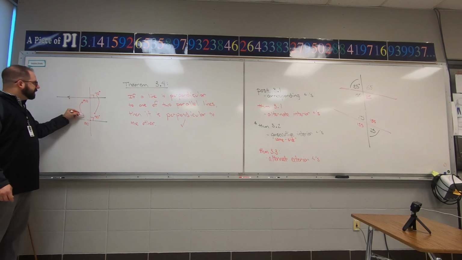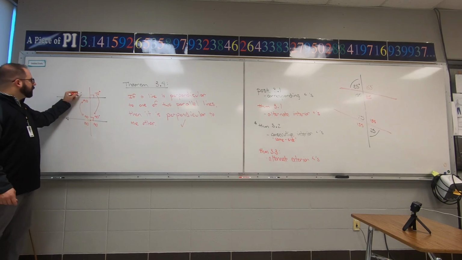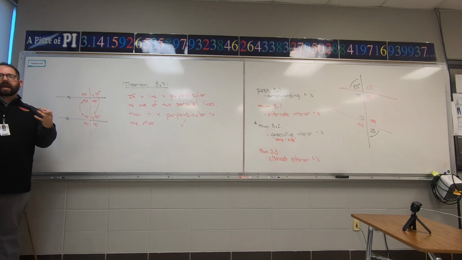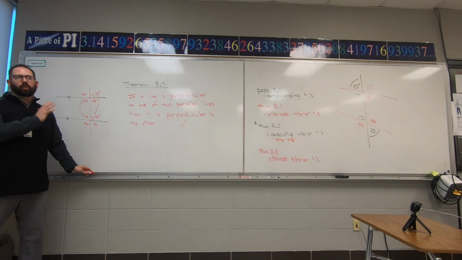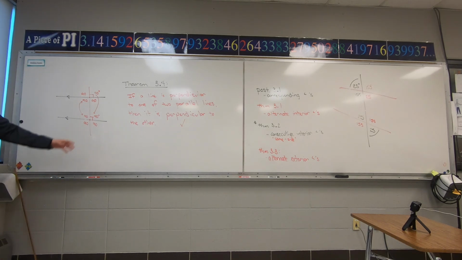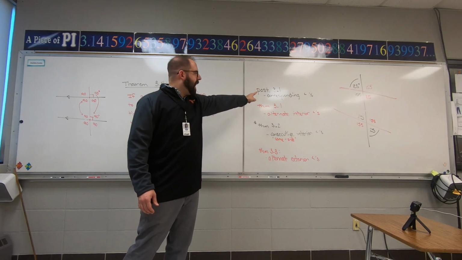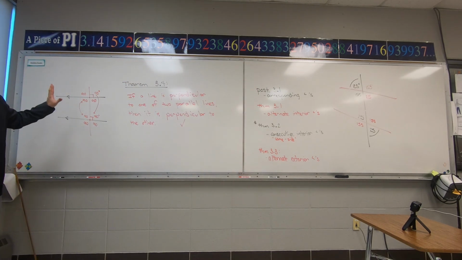So the only way that these two add up to be 180 is if this is also 90 degrees. Then it would hopscotch to here because of vertical, it would go corresponding, it would go alternate interior, and you see how every angle's 90. They're all the same number. So that's the rarity. I think that's the only reason why that theorem actually exists, to be honest. There's no reason to have this printed because it's just dealt with by the same postulate, it's just corresponding. But I think that's the reason right there.